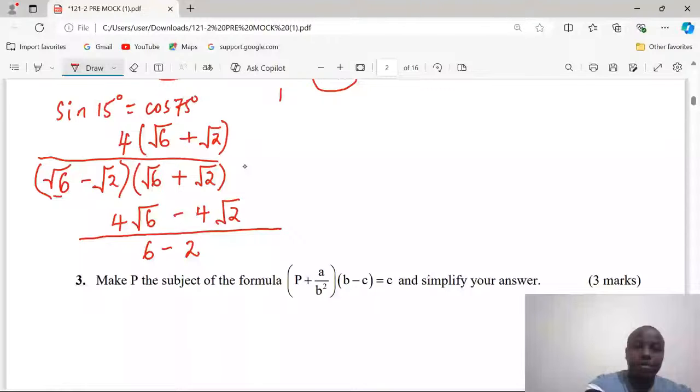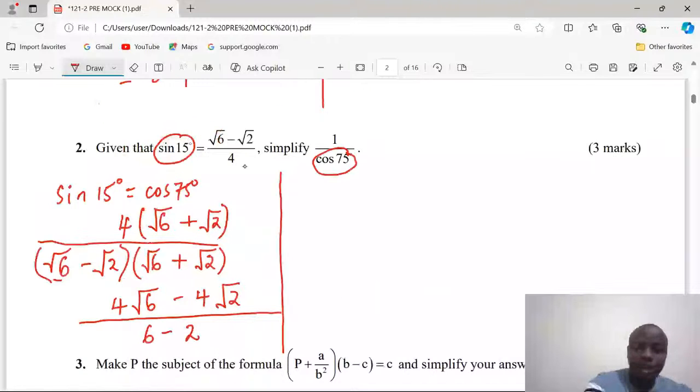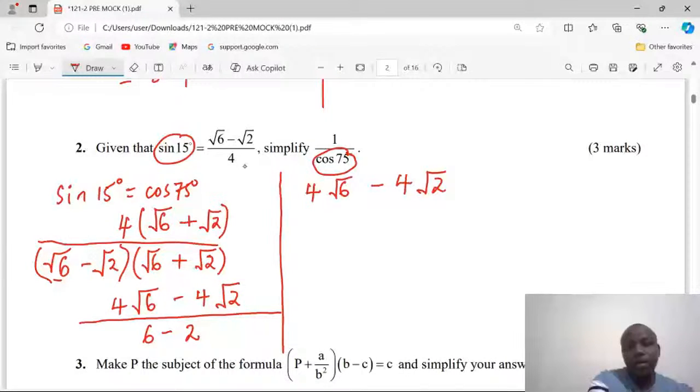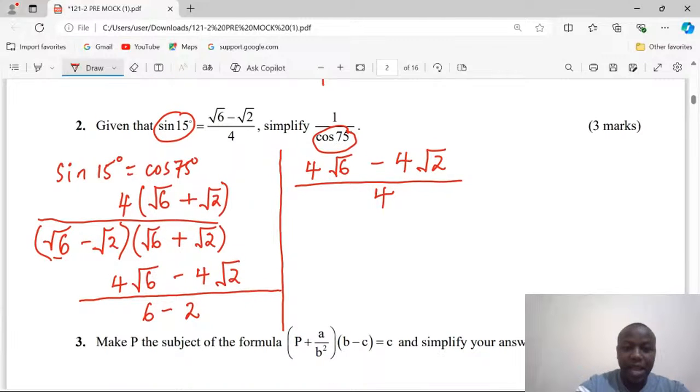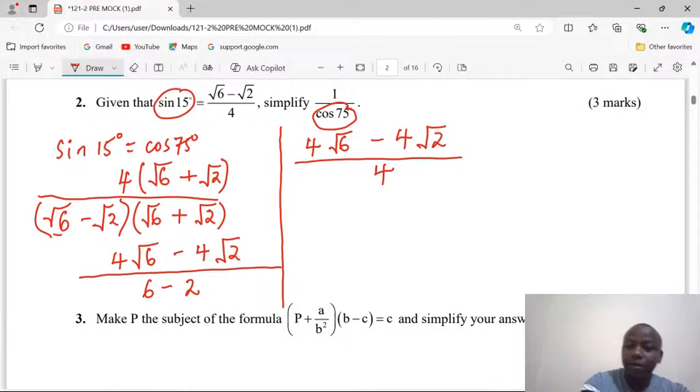We continue simplifying. So we're going to have 4 root 6 divided by 4. Now that in the numerator there is 4, and also in the denominator there is a 4, I can factorize to remain with root 6. This is positive, sorry.